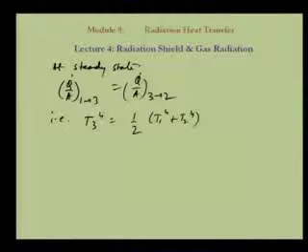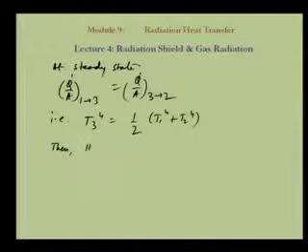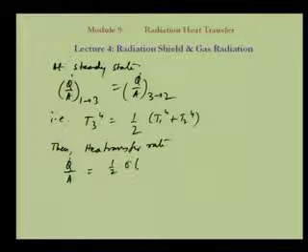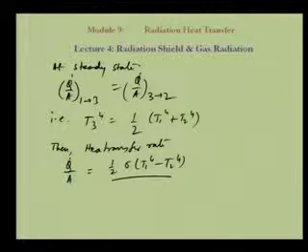Okay. And then we can write the heat transfer rate q dot by A equals half of sigma into (T 1 to the power 4 minus T 2 to the power 4) by (2 by epsilon minus 1).